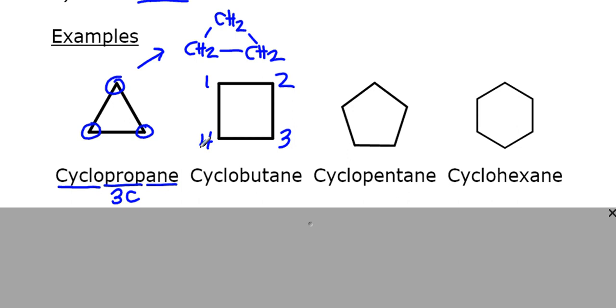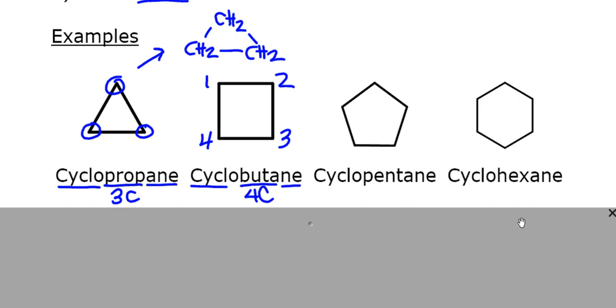I just went clockwise. Butane is 4 carbons. That's why we've got but in there. Cyclo for the ring, A and E for single bonds, and so on. And then you can see pentagon we know is 5, so you have pentane, hexagon, hexane, and so on.